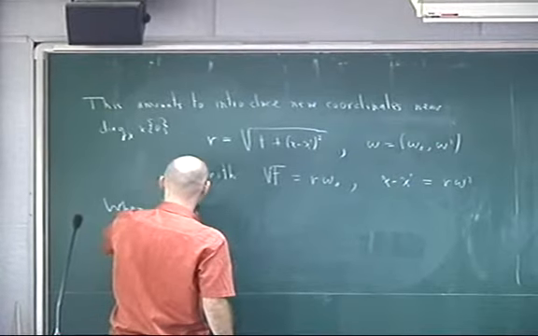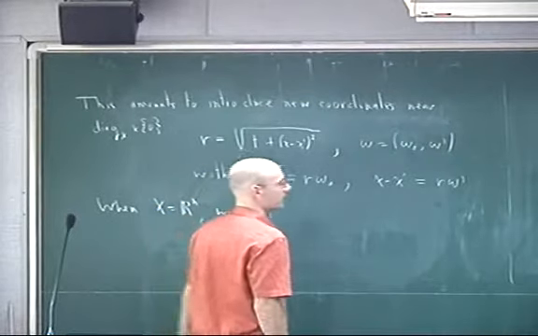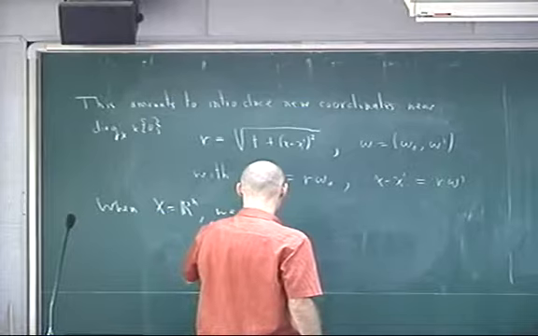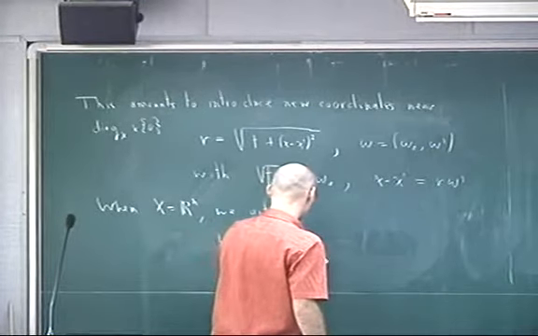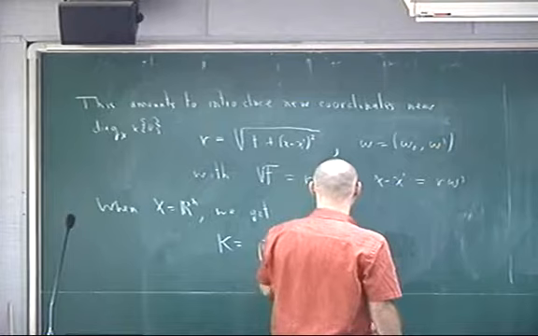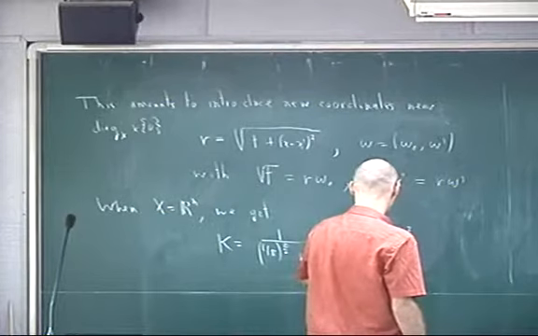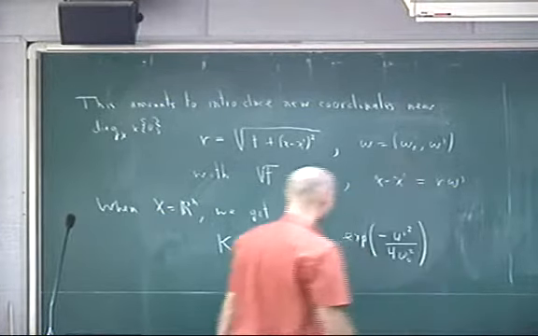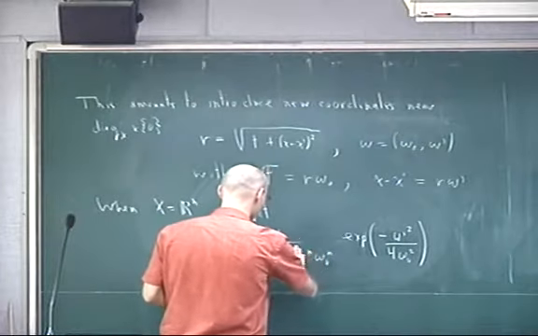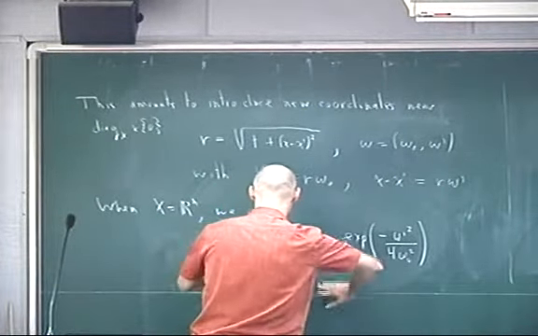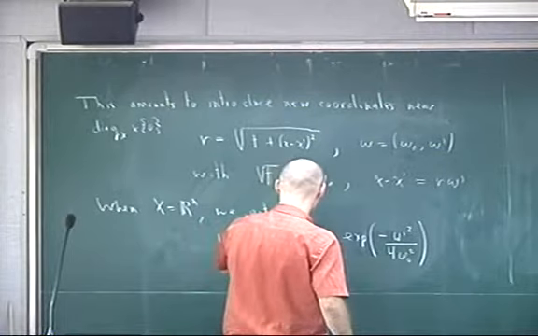So when X is R^n, we get that k can be rewritten as 1 over (4 pi) to the n over 2, and square root of t to the n, which is r^n omega naught to the n, and then the exponential becomes omega prime squared over 4 omega naught squared. So maybe I can put the r^n outside.